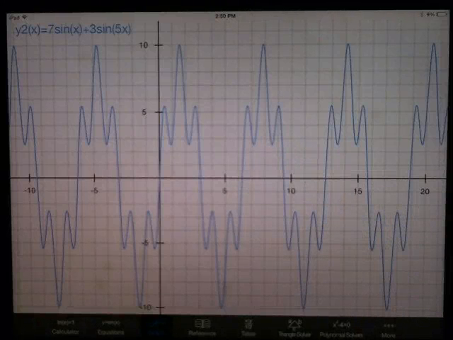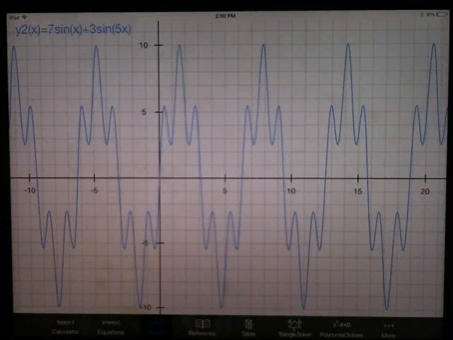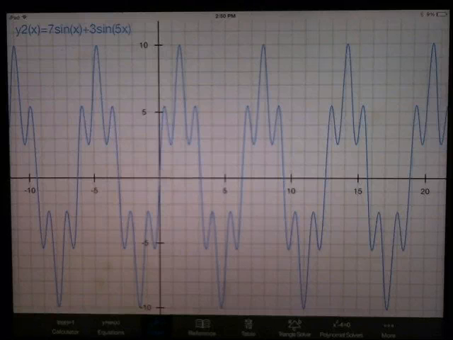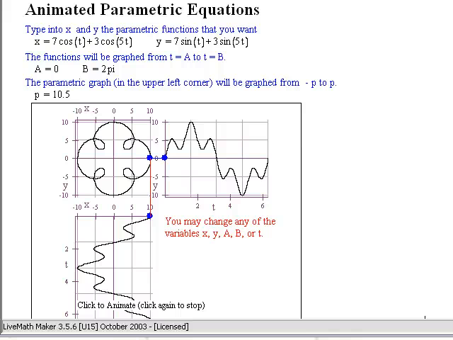Alright, so now what we need to do is to check and see how they work together parametrically. So that's next. Okay, I've entered those formulas that we just calculated into this parametric plotter app that I have. 7 cos t plus 3 cos 5t for the x, and 7 sine t plus 3 sine 5t for the y.